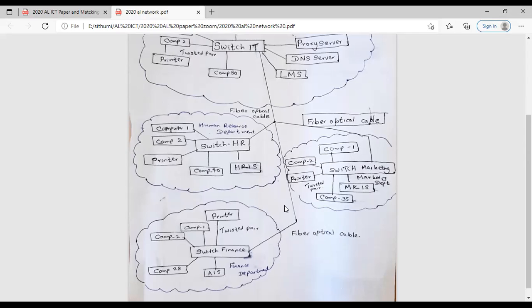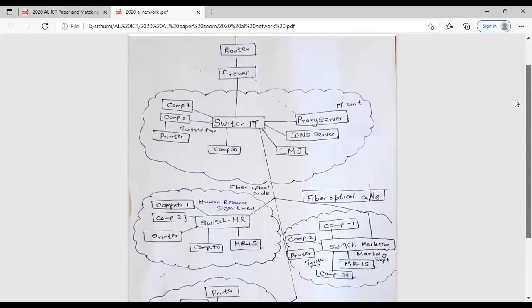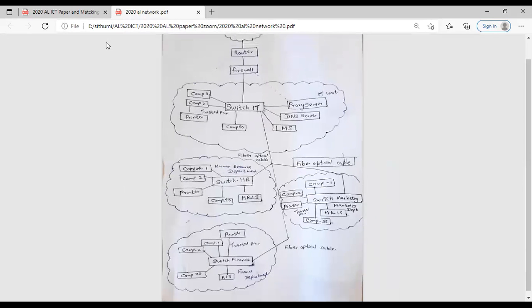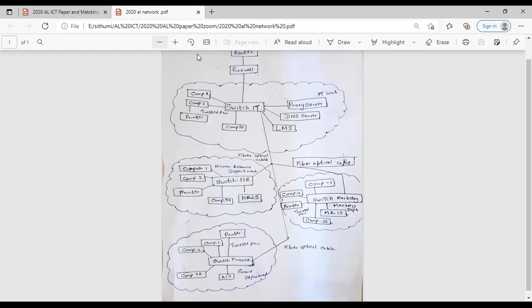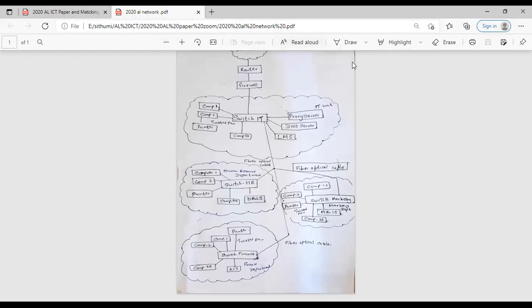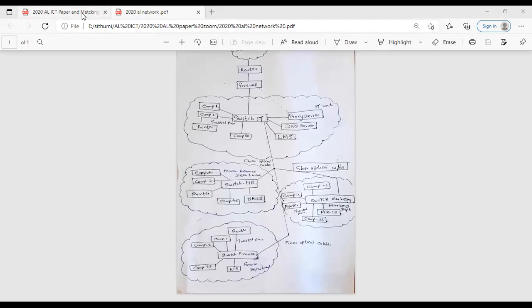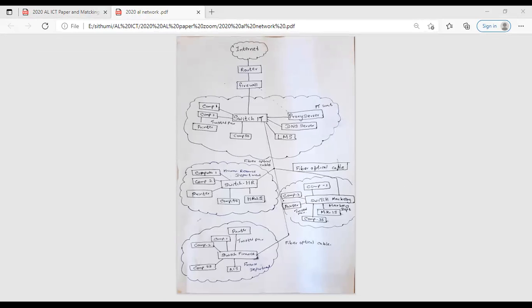And the main star topology network cables are connected using fiber optic cables. So this is the network diagram.